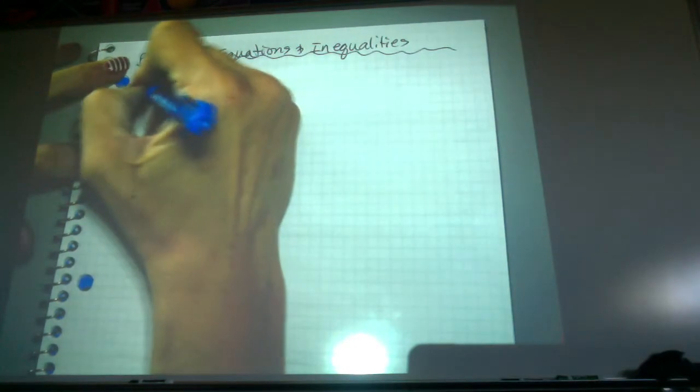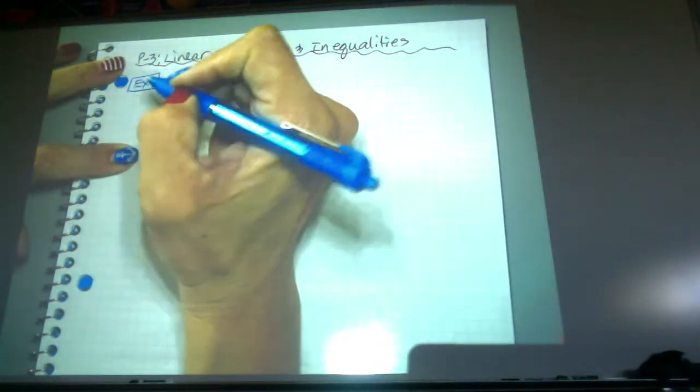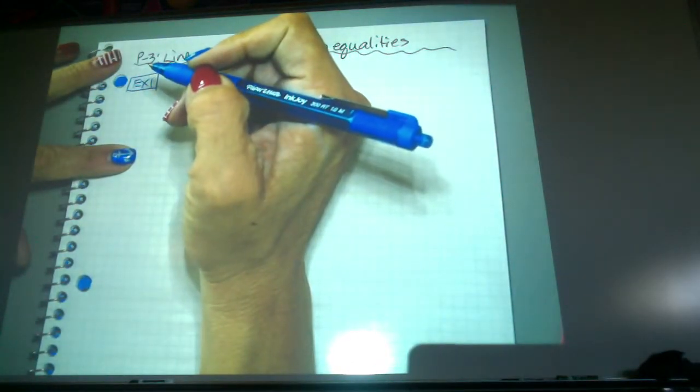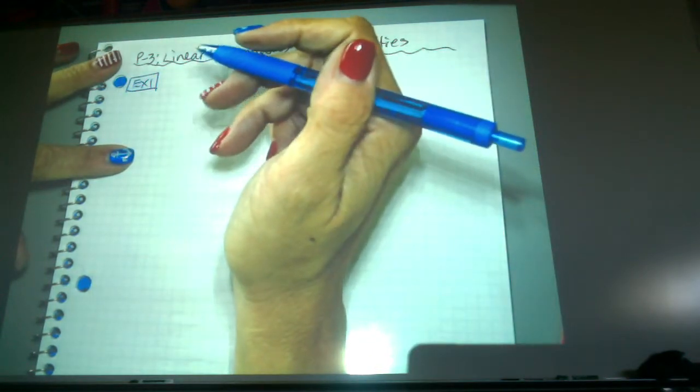All right, example 1. All of these we're going to essentially solve. So if you just want to put general directions on me to solve, that'll work.